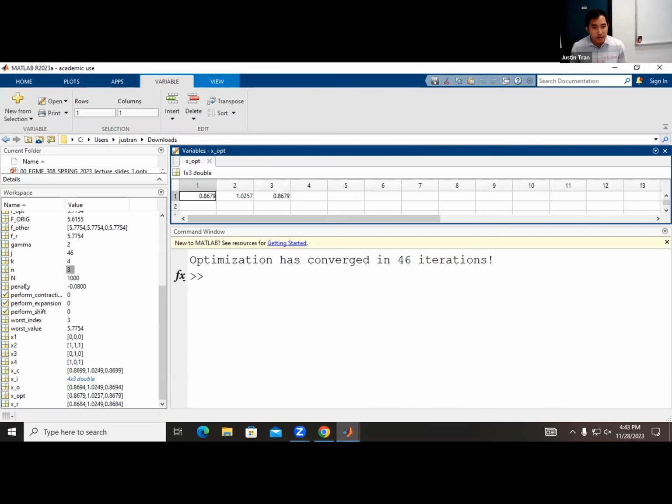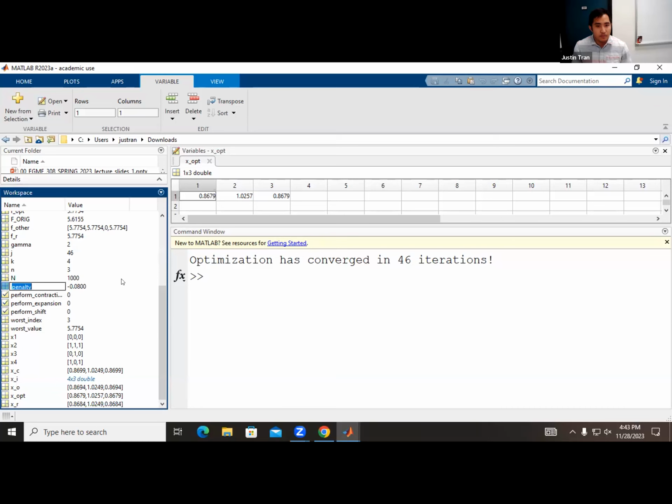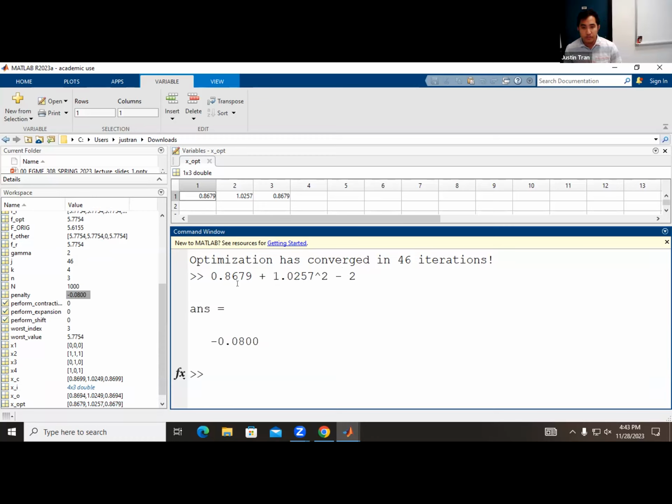But now when we check the value for the equality constraint, right? Let's go ahead and compute that, even though it tells us the value right here, which is minus 0.08. But if we compute that value of 0.8679 plus 1.0257, squared, minus 2, okay?